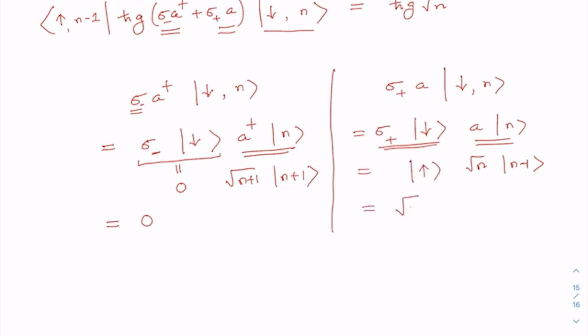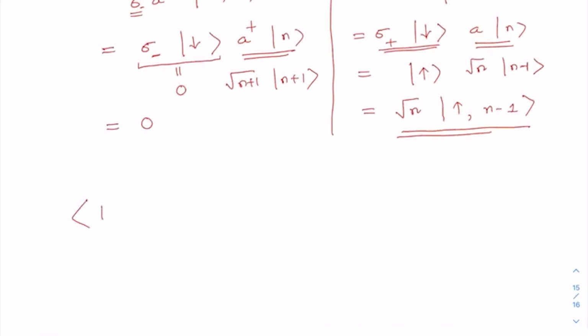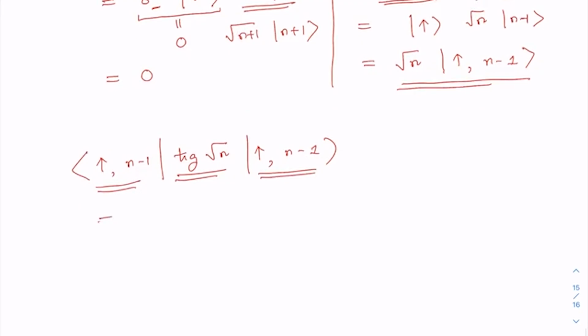So we have square root of n, atom in the excited state, and the field having n minus 1 photons. So what you get is the excited state with n minus 1, and I have h cross Z square root of n, and this is my state. Now this is just a number, and these two states are the same state, so they are normalized, and because of normalization we have simply h cross Z root n.